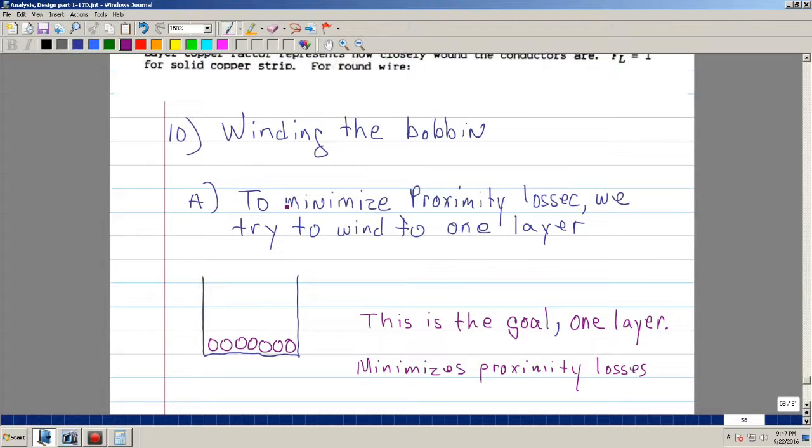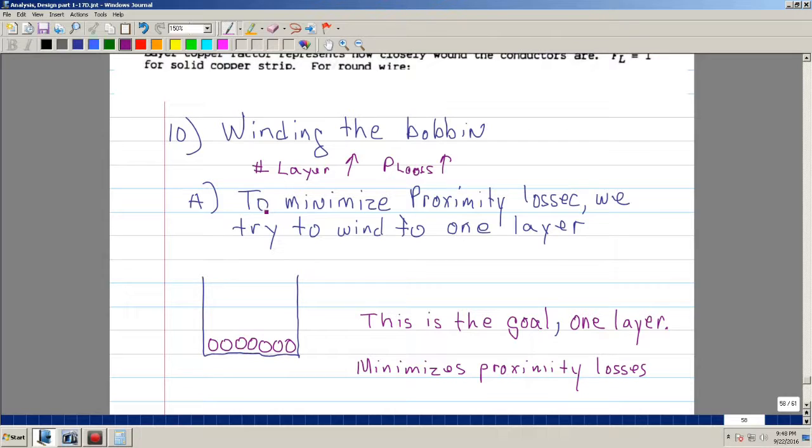And one of the statements was that as the number of layers goes up, your power losses go up. So what we're trying to do is minimize this. We want to make this as small as possible.